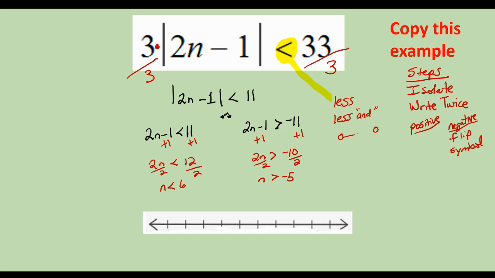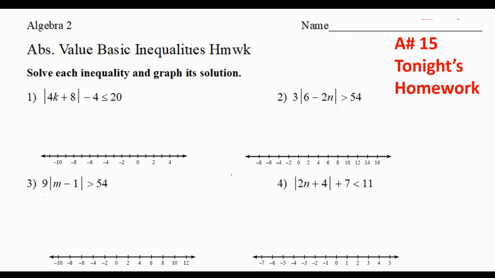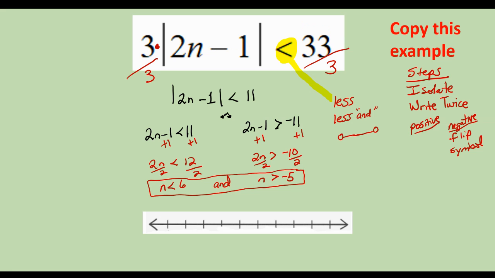This time the arrows are going to meet together into one line. So this final answer is going to have an and. So make sure you put the word and in there. And let's hope our graph comes out looking like this one.